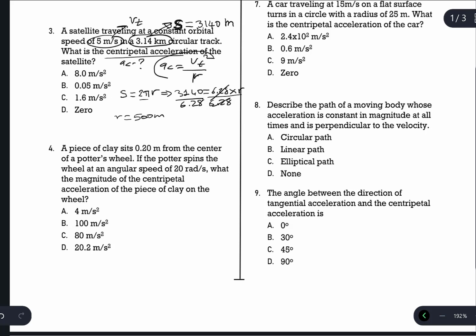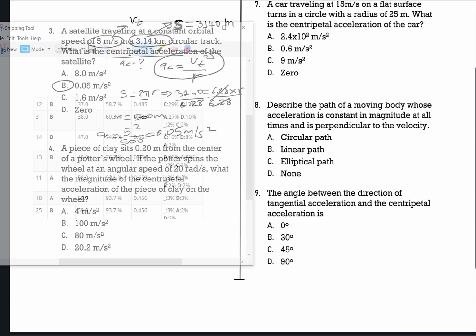Now we can use this equation for calculating AC. AC is equal to VT squared over R, where VT is 5: 5 squared divided by 500. The answer is 0.05 meters per second squared.